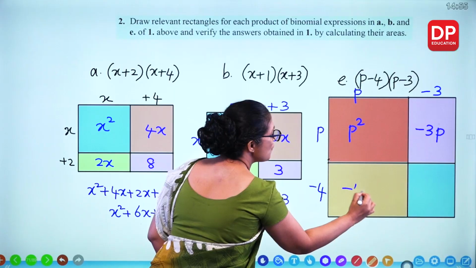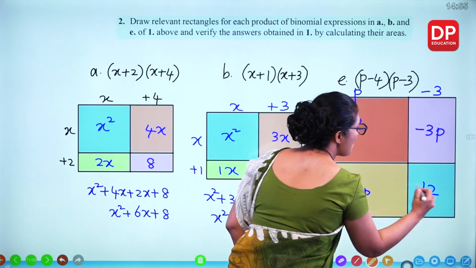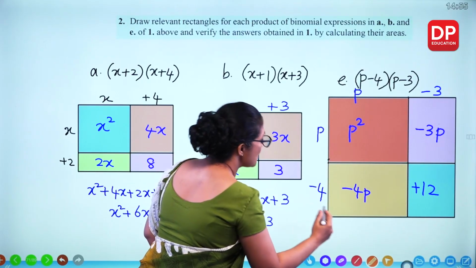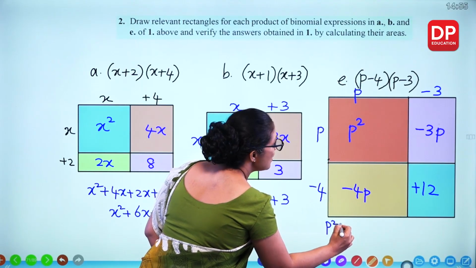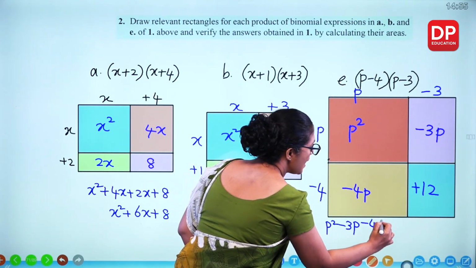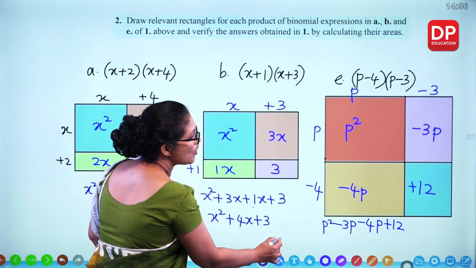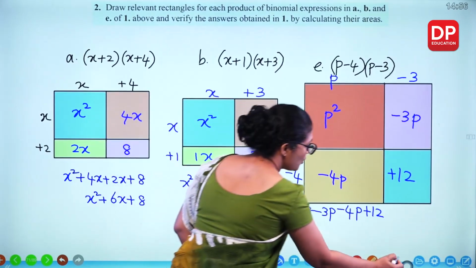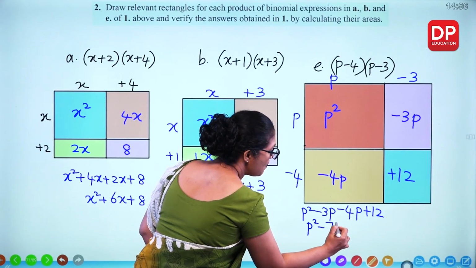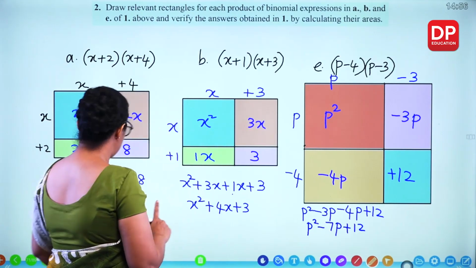Here minus 4p, minus 4 times minus 3 plus 12. So what's the answer? You get p squared plus minus 3p minus 4p and plus 12. So when you simplify, what you get? You get p squared minus 7p plus 12. Now we'll check whether it's correct.